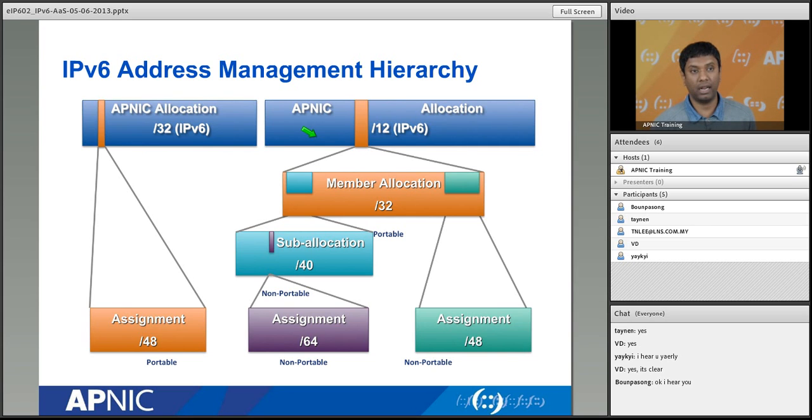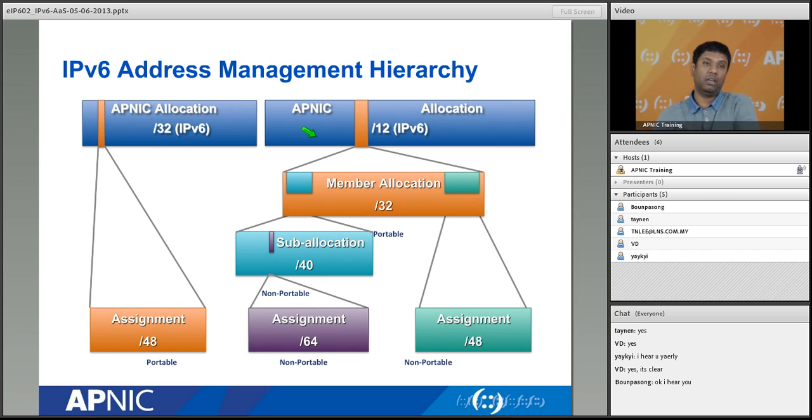So how does APNIC distribute these addresses? When APNIC receives addresses from the central registry, for example IANA, APNIC receives them on a /12-bit boundary. From there, APNIC gives their members a /32 allocation or a /48 assignment.